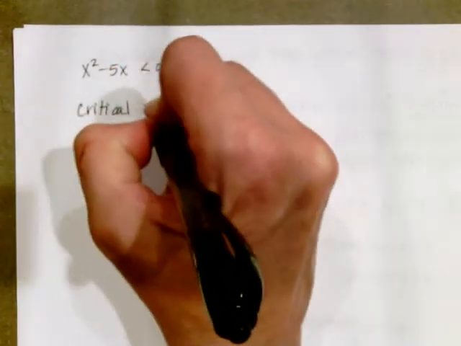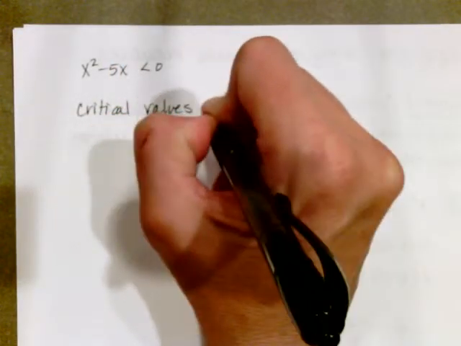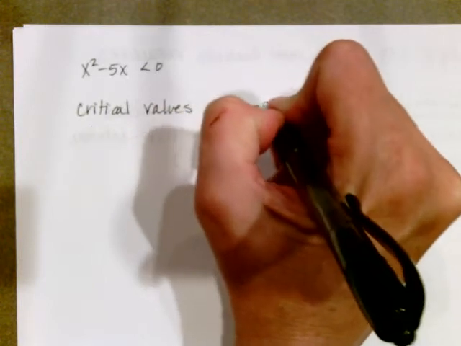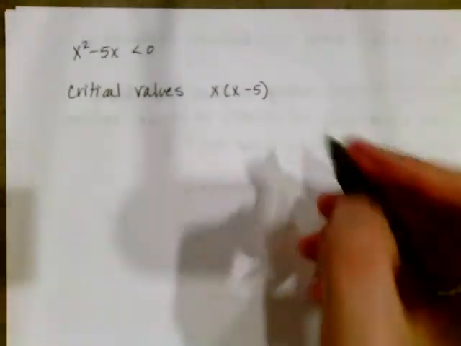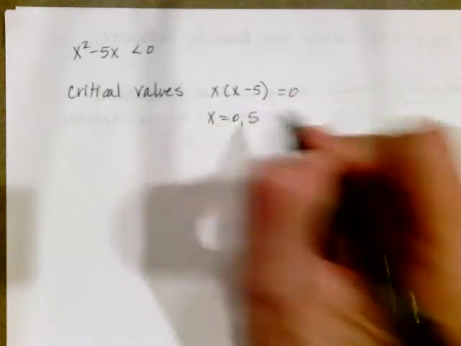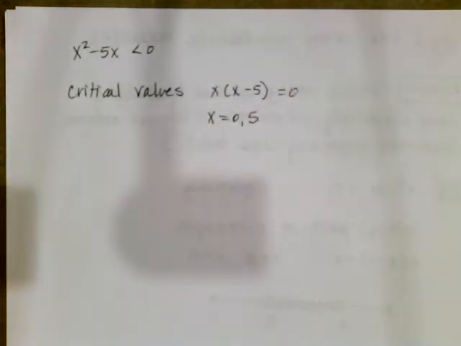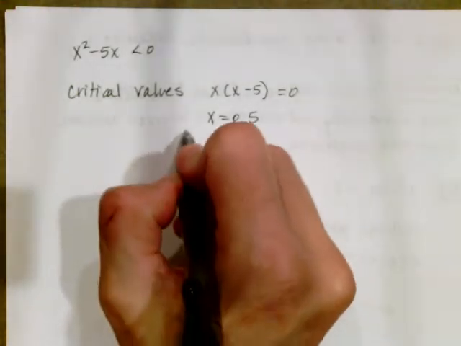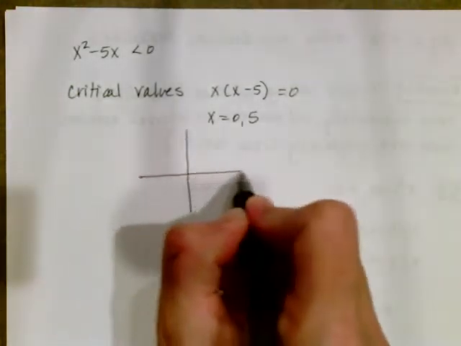So if I do my next problem, it's the same thing. I had x squared minus 5x is less than 0. I'm going to find my critical values. We've already found them, but I'll go ahead and rewrite it so we can see it again. I get that x is 0 and 5. Now I'm actually going to graph the parabola by hand.